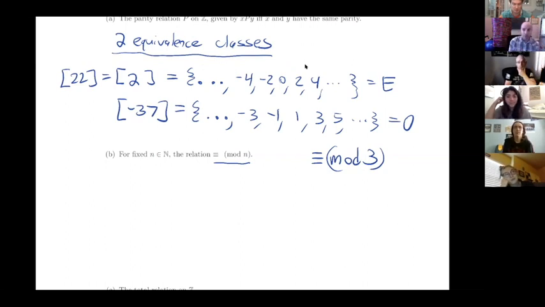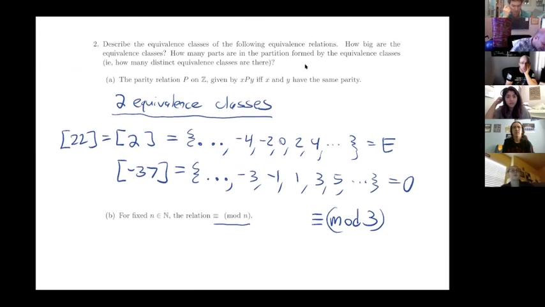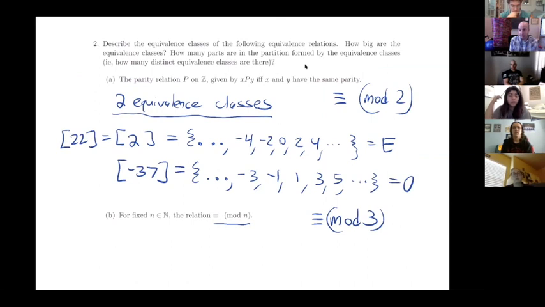And so they're gonna be, now it's almost like one step further than part A. Part A, there's no difference between how we did this and saying this is the same as looking at the equivalence class mod 2, right? Even numbers would be in the representative 0, odd numbers would be in 1.